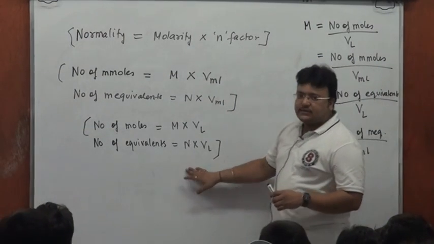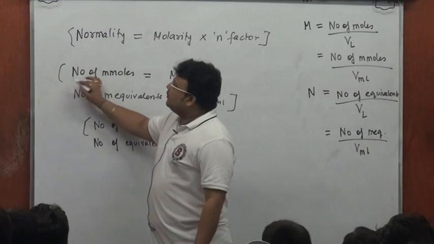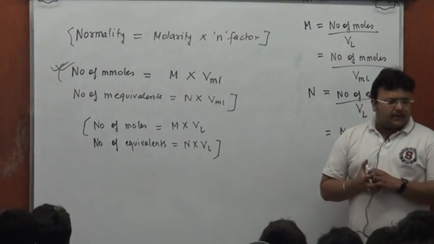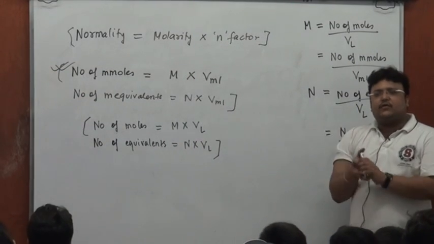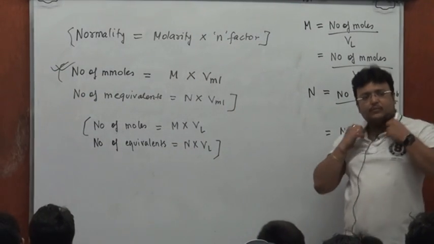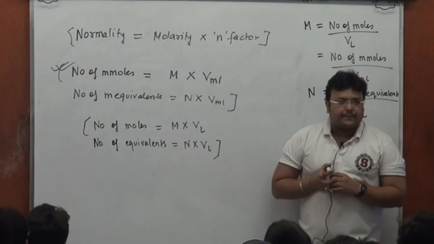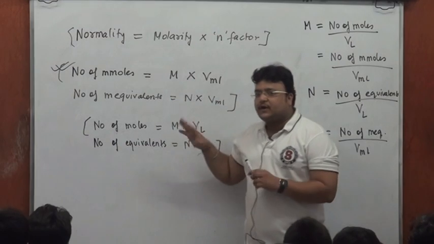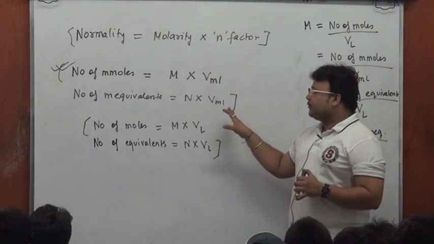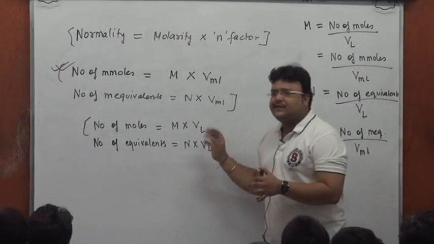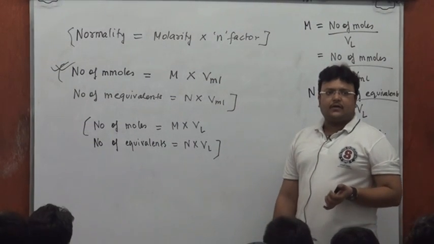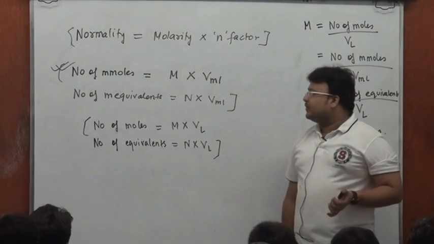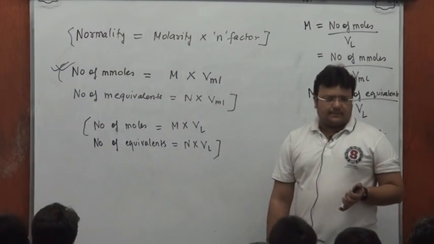You will want to know this, but chances are we will be applying this more often because the volume will be given generally in ml and we will be dealing with millimoles and milliequivalents more often than moles or equivalents. Got me? And certainly I am going to display the application of all of it. For the time being, I will want you people to have taken a good note of this. Later on we'll need these expressions like anything. Number of milliequivalents is equal to normality into volume in ml.